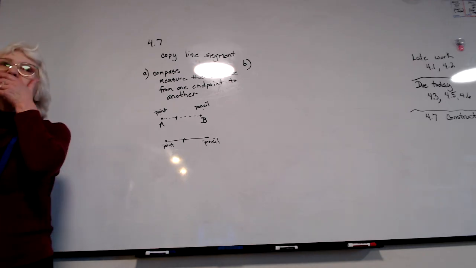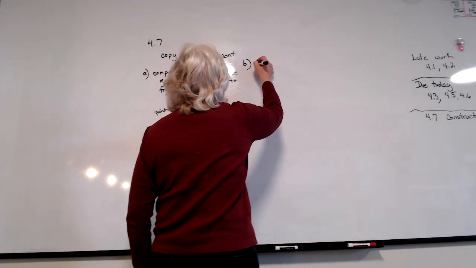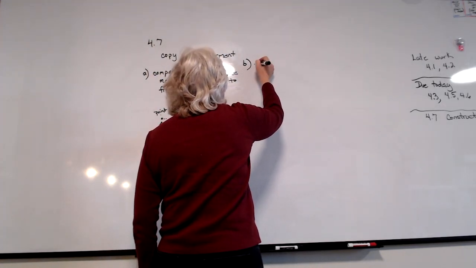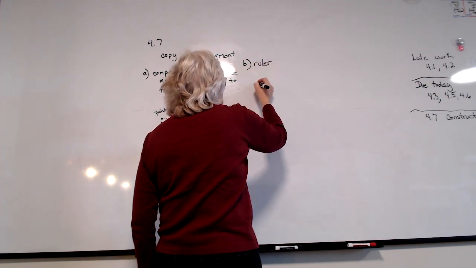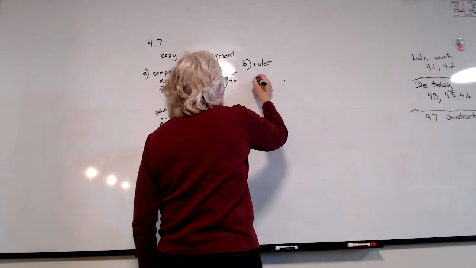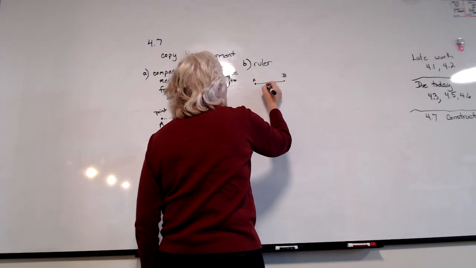Whoopee. Okay. Now, if you're doing it by a protractor or ruler, I'm just going to say ruler. Well, let's see. We would measure from A to B and draw a line.